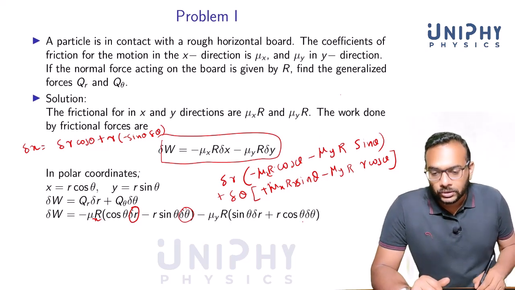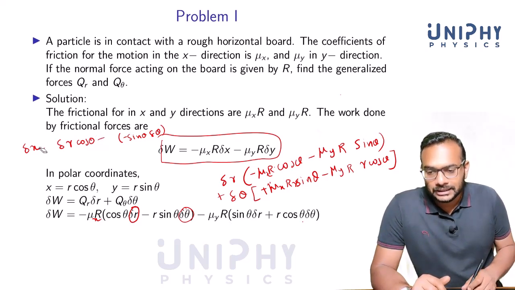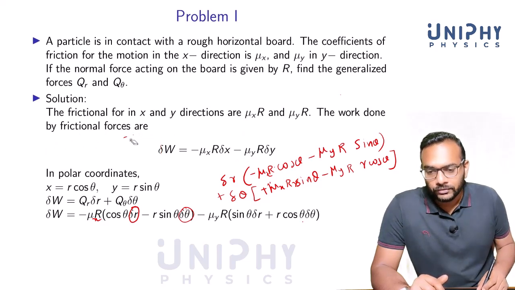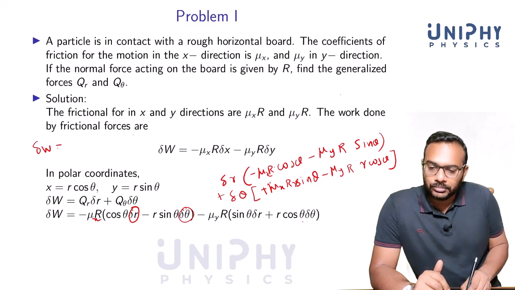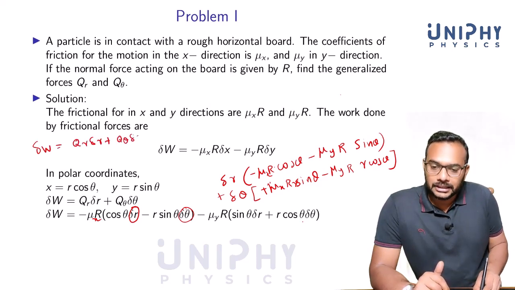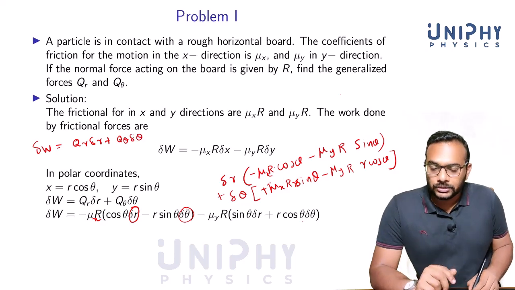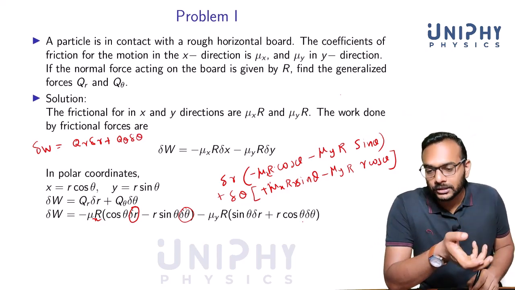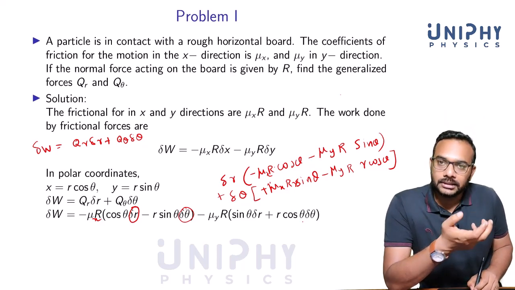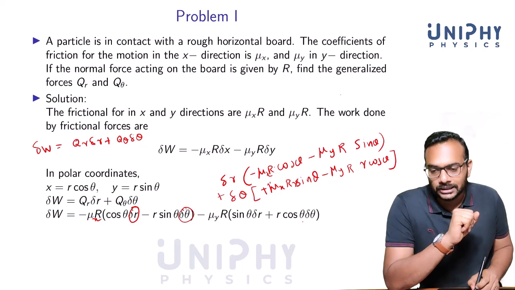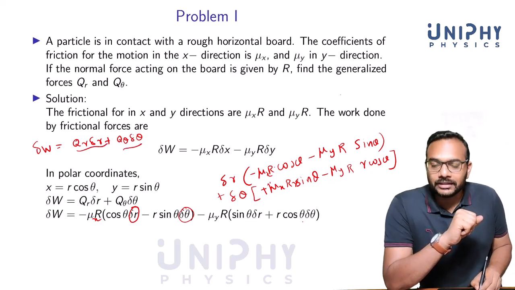Now, we know that for the generalized force, we can write the work done like this: delta W is equal to Qr delta r plus Q theta delta theta. Qr and Q theta need not have the dimensions of force generally, but Qr delta r and Q theta delta theta will always have the dimensions of work done.